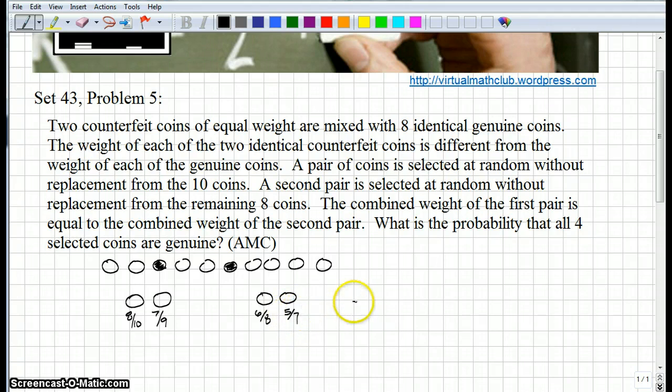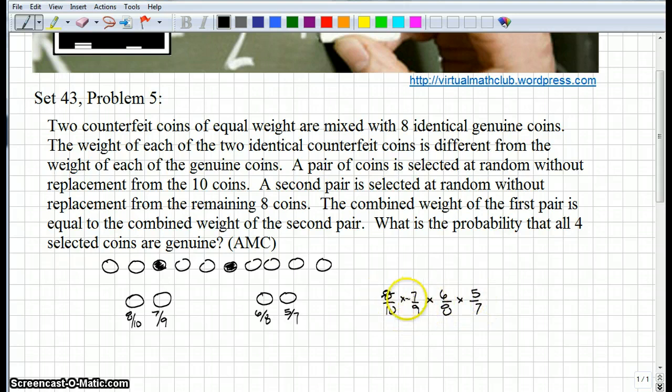So the probability of getting all genuine coins is, when we multiply all these probabilities together, 8/10 times 7/9 times 6/8 times 5/7. And if we simplify that, let's do that.